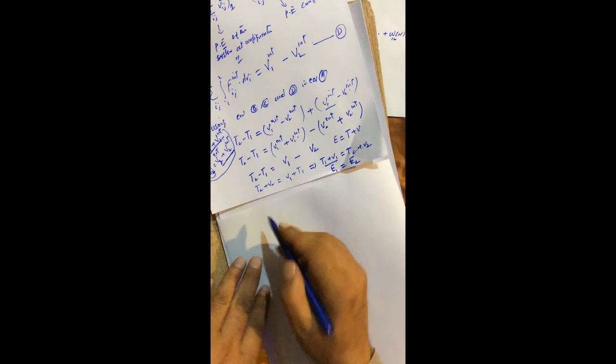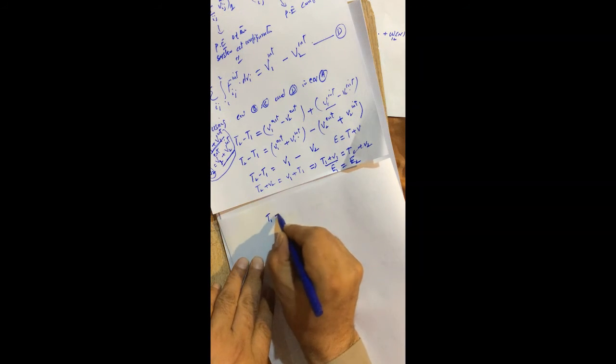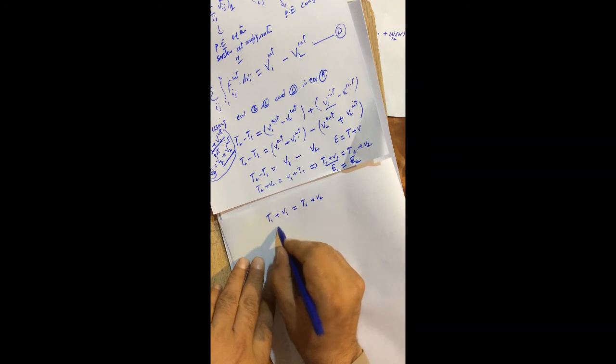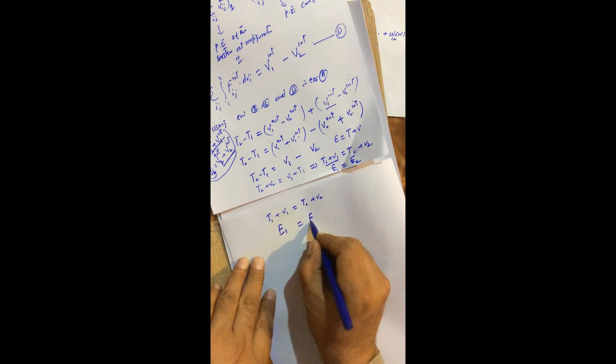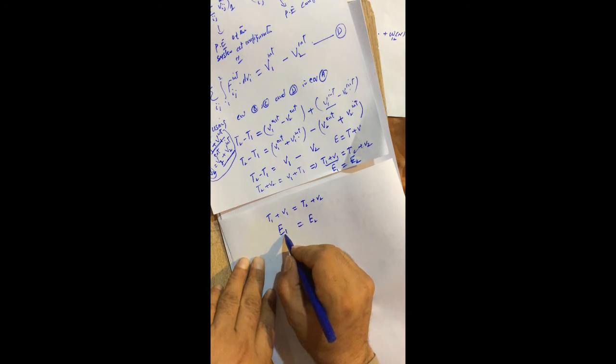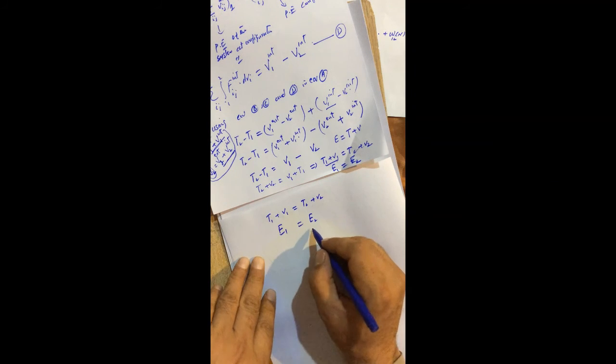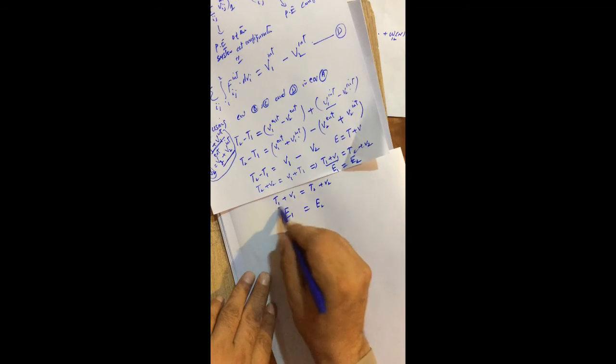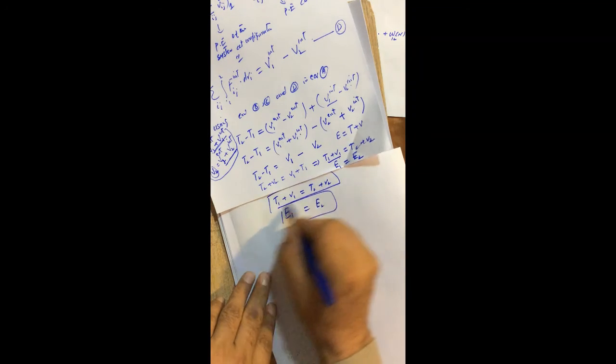Now what does it mean? I will write the extra statement here. So we have T1 plus V1 is equal to T2 plus V2. Now this is E1, this is E2. This is the total energy at position 1, and this is the total energy at position 2. So I can write this statement here that this equation or this equation, both are the same.